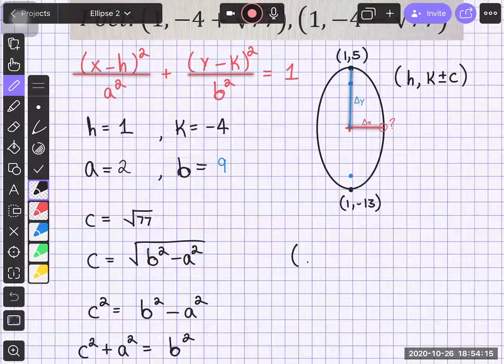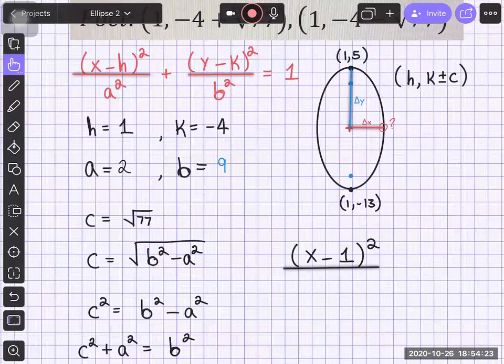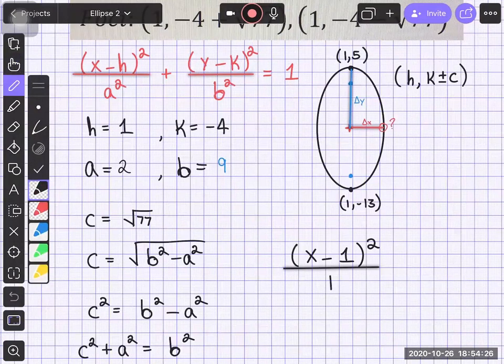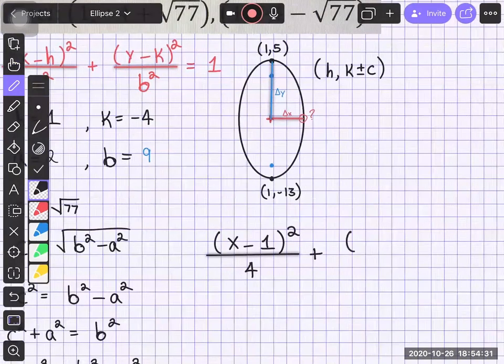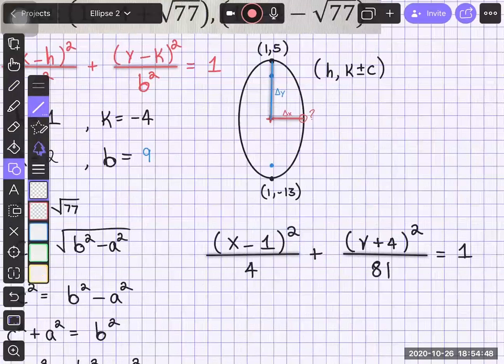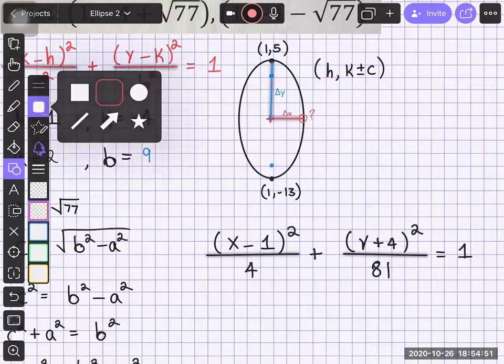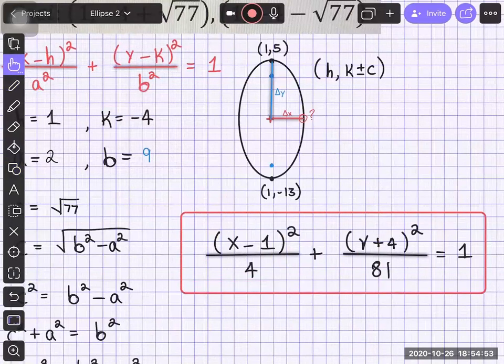So we will have (x minus 1) squared divided by 2 squared, which is 4, plus (y minus negative 4), so (y plus 4) squared, divided by b squared, 9 squared is 81. This equals 1. And this is the answer that we were looking for.